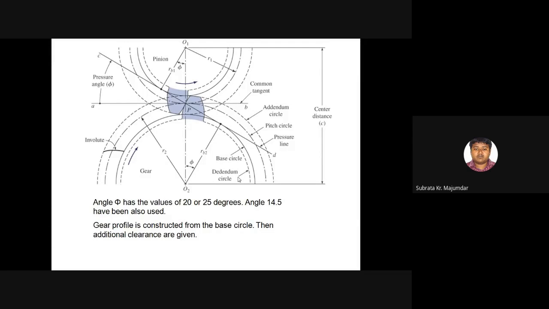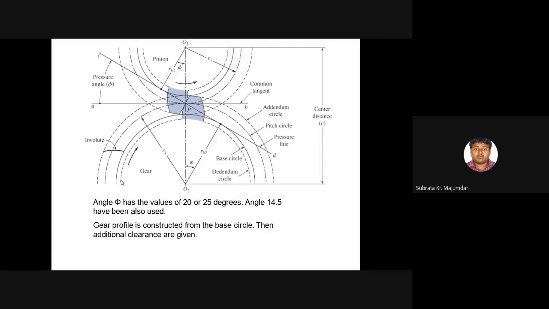It is the circle drawn through the top of the teeth and is concentric with the pitch circle. This circle carries the top of the teeth, which is the addendum, and the circle drawn through the bottom of the teeth is known as the dedendum circle.